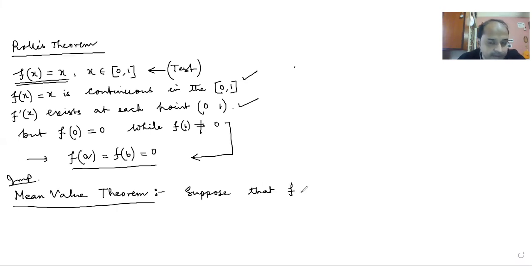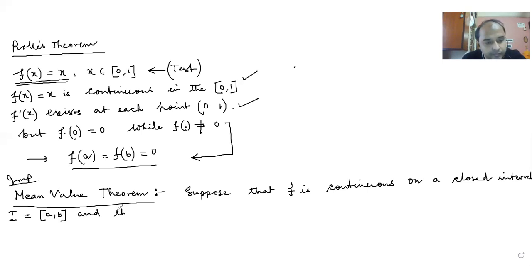Suppose that f is continuous on a closed interval I, and that f has a derivative in the open interval (a, b).